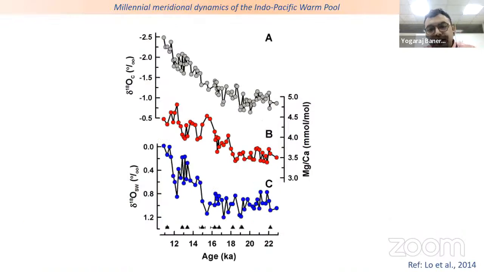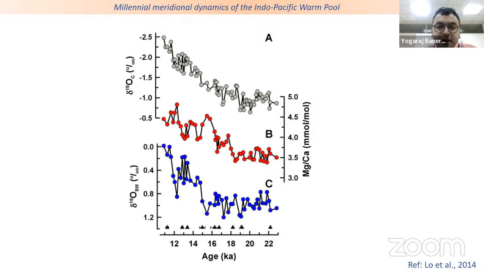So this is the result that the authors got. Panel A represents the δ18O variability of the Ruber shells, panel B represents the magnesium by calcium ratios, and panel C is the δ18O of the seawater that has been retrieved using the magnesium by calcium ratio based temperature and δ18O of carbonate information. So what we can see is that δ18O of carbonate varies from -1 per mil to -2.5 per mil.